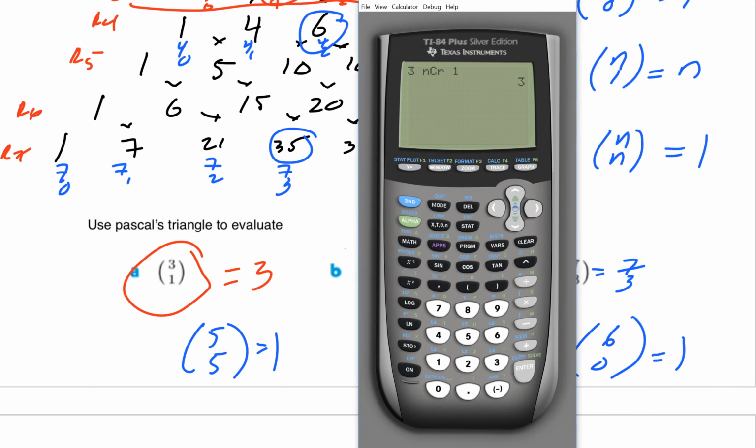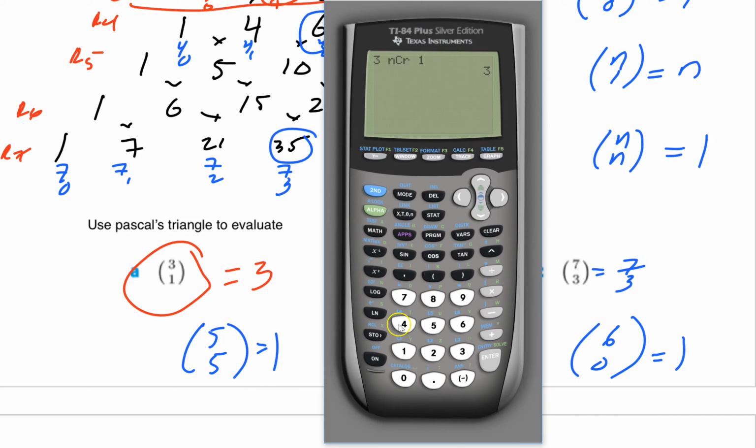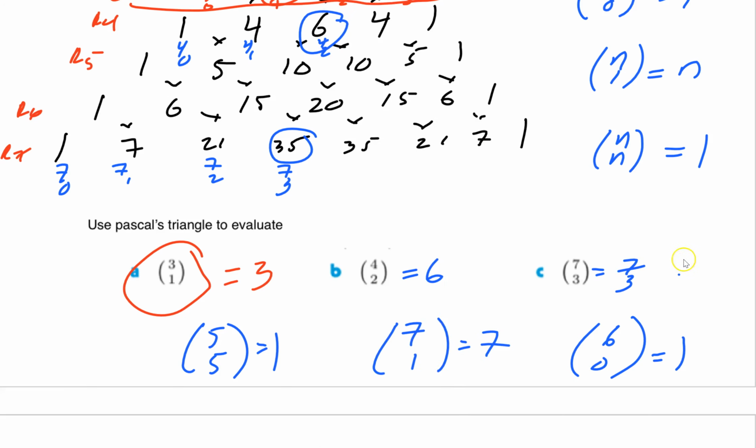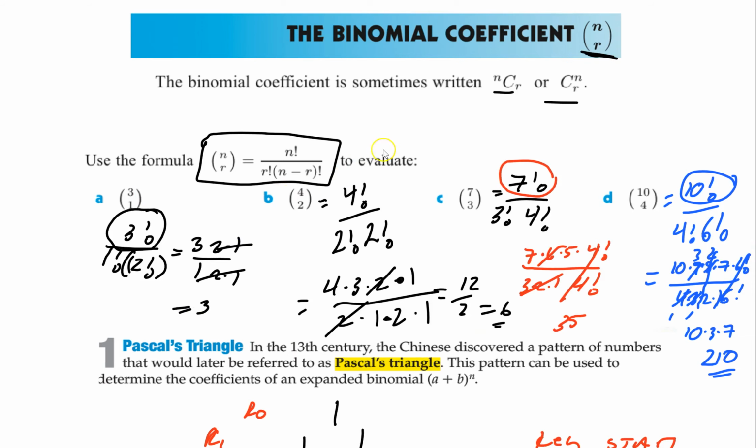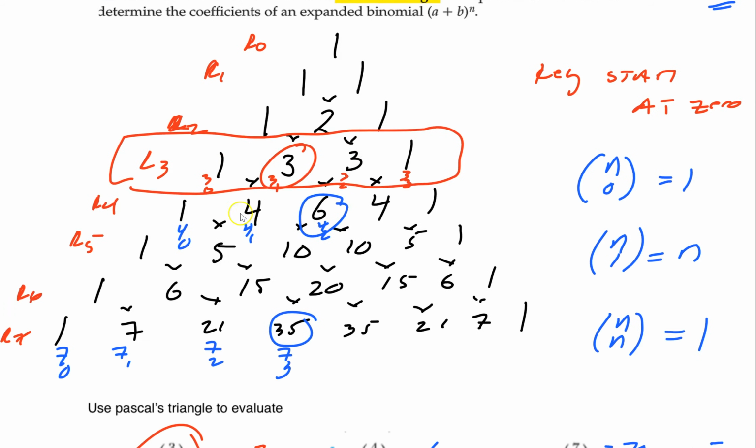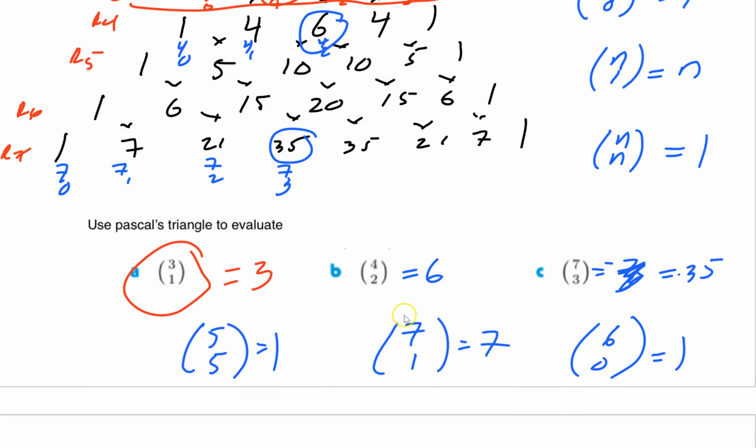Let's look at 7 choose 3. Someone put 7, math, nCr, 3, 35. So lots of ways to do this. Again, by hand, I expect you know how to do it, Pascal's triangle if you prefer, or with the calculator.